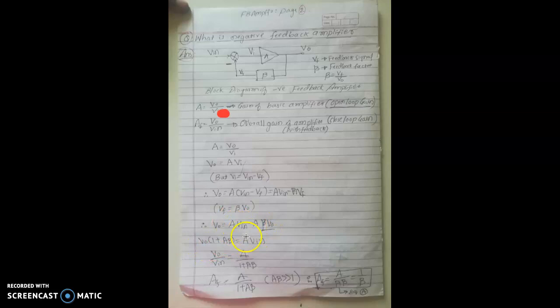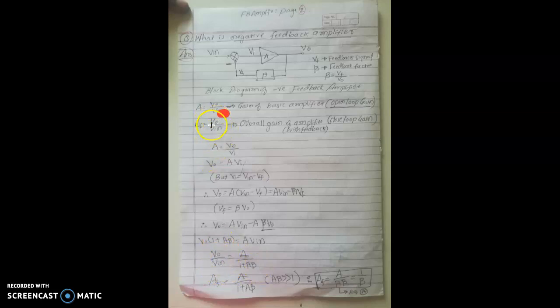And on the other side of the equation, it is A Vin. Now from this equation, you take the voltages on one side and the A's and betas on the other side. So we are going to have V naught divided by Vin equal to A divided by 1 plus A beta.